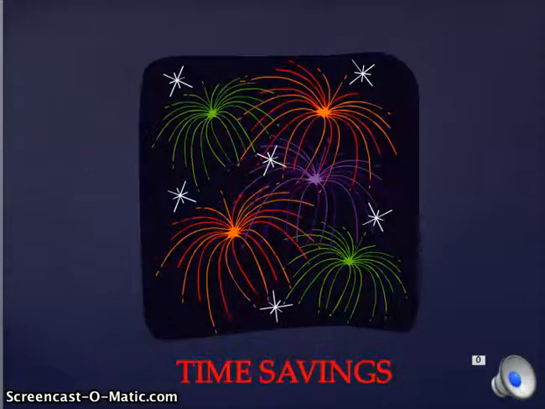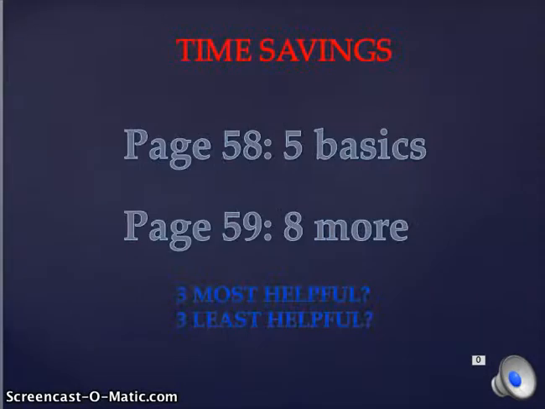Then the last section, the one that we're always happy to see, well, the second to last section, sorry, is how you can do all this new way of writing and still manage to save time. In other words, not have this take over your whole life. On page 58, you get 5 basic philosophical points about saving your time.